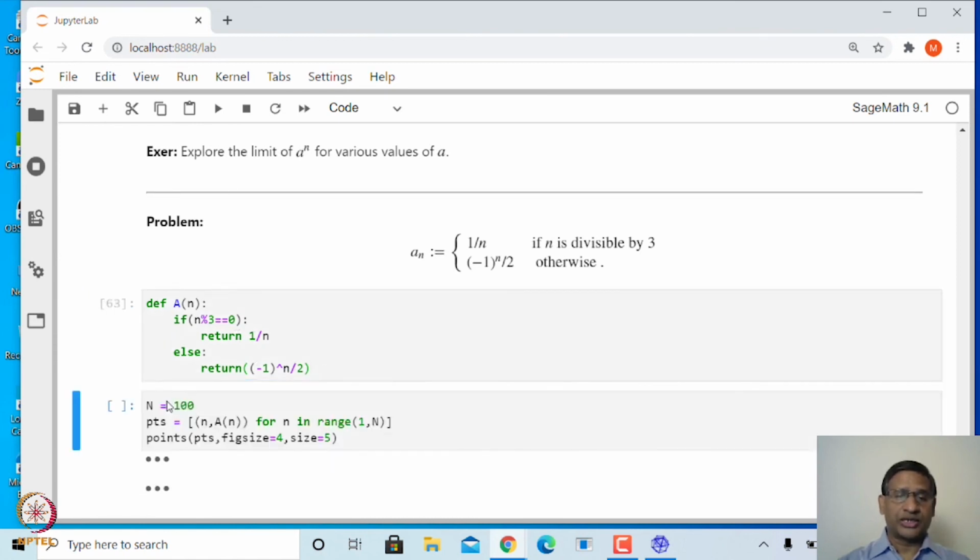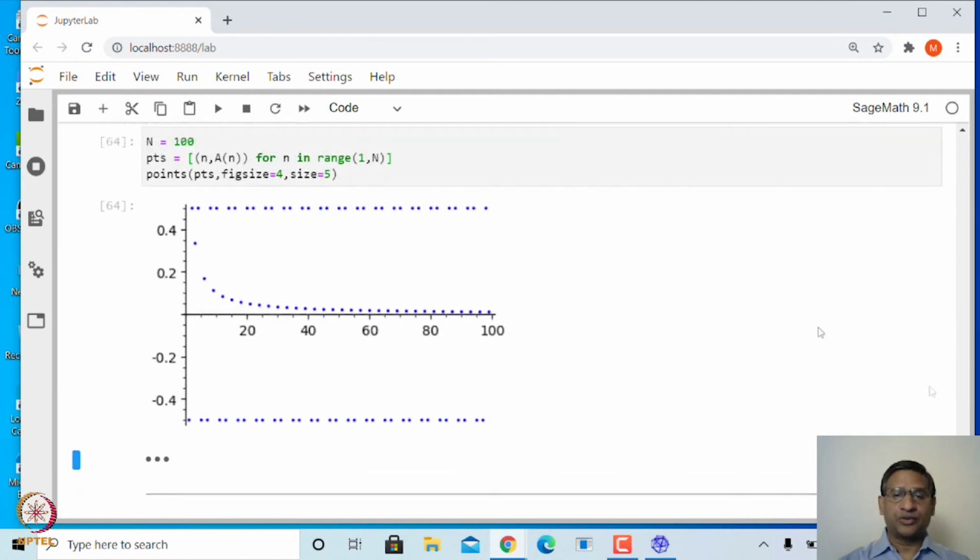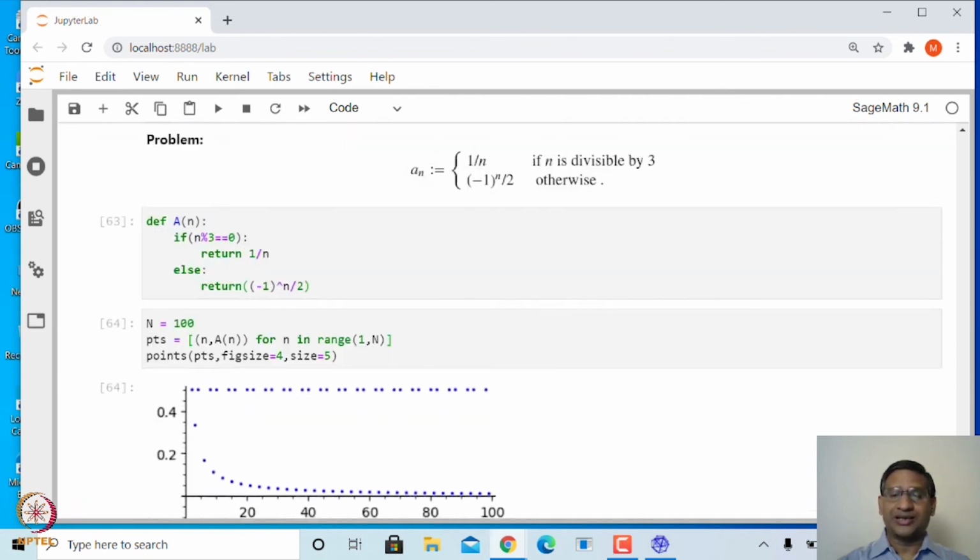So, let us plot again maybe the first 100 terms of this sequence. This is how it looks, and you can see the behavior: it goes to the plus side, then the negative side, quite far apart, and whenever n is divisible by 3, the term is 1 by n.